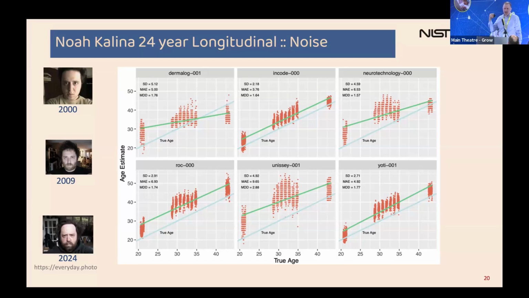What changes is facial hair, the background, the illumination. And so you get this noise. Now, I would contend that noise is not really welcome here. You don't want somebody who's aged one day to have an age estimate that's gone up by 2 years one day and down 2 years the next day. Why this occurs, I don't know.